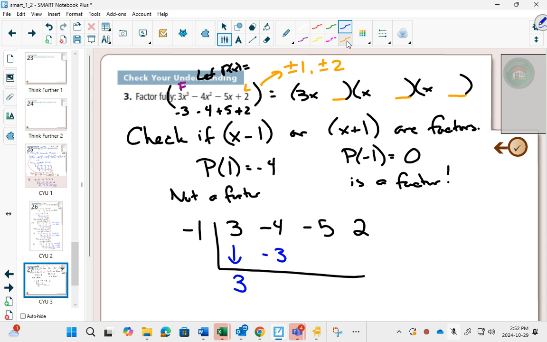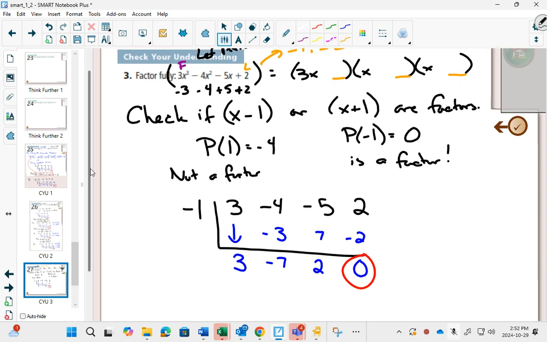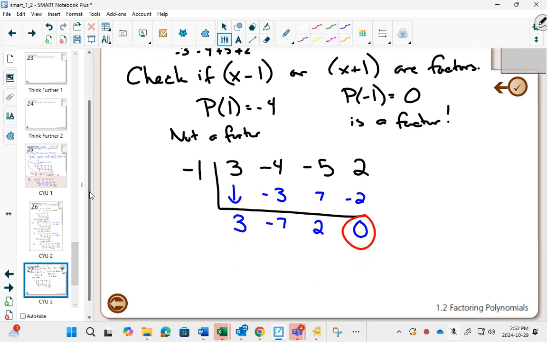Multiply, add, multiply, add, multiply, add, and this is what I was looking for. I was looking for that remainder of 0. And now I can write my division statement. P of x equals x plus 1, leaving me with 3x squared minus 7x plus 2.